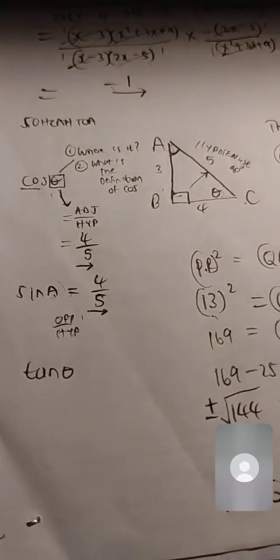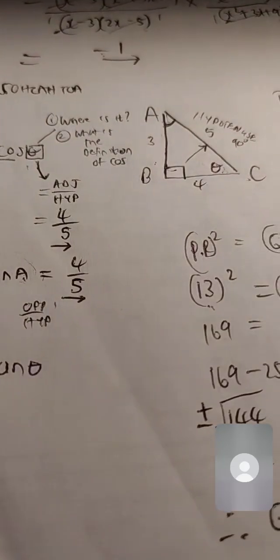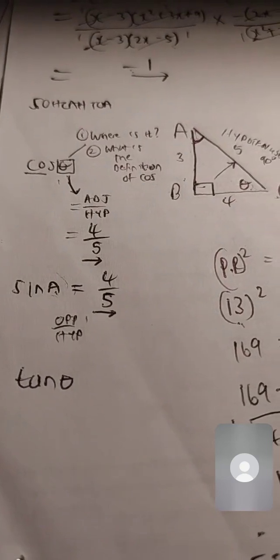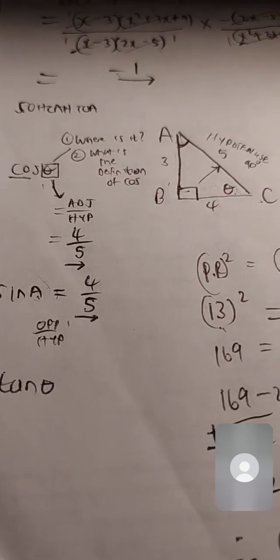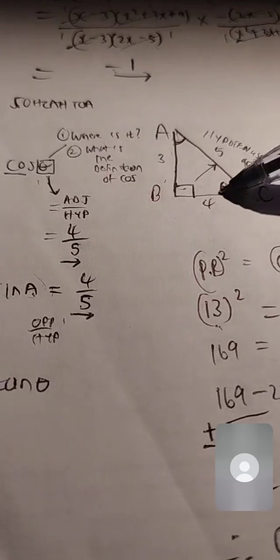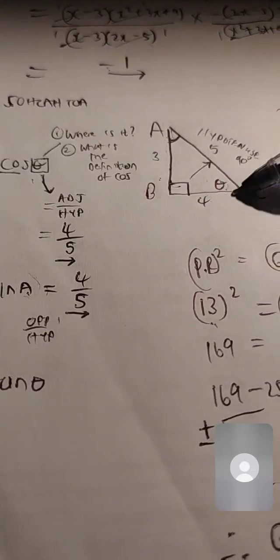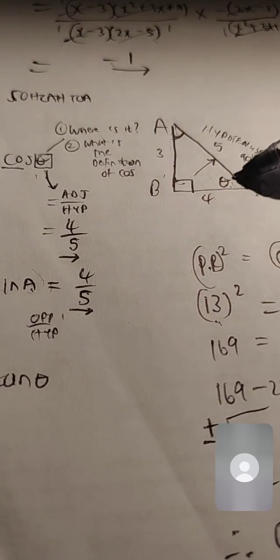Okay. Let me ask you one more. If I said tan of angle theta, what would be the value of tan theta? Tan is opposite over adjacent. So, which angle are we talking about? This one. So, what is your opposite side to this angle?